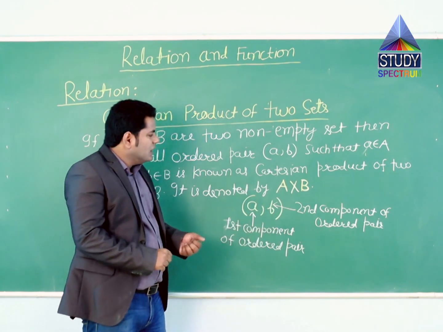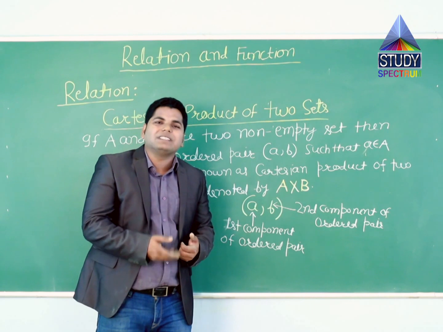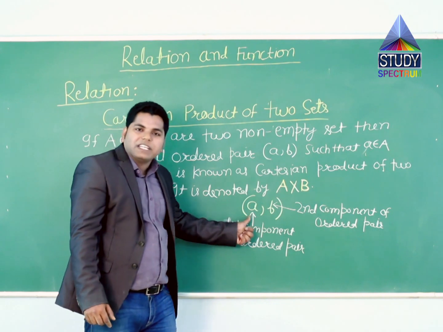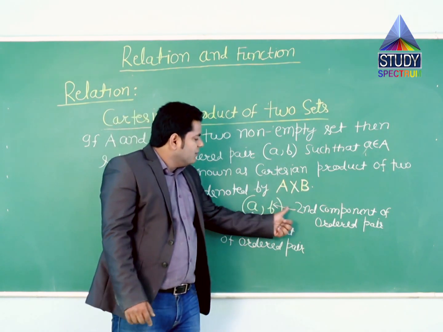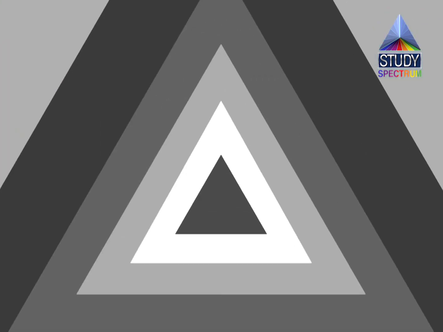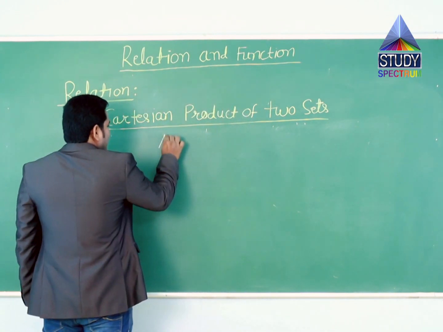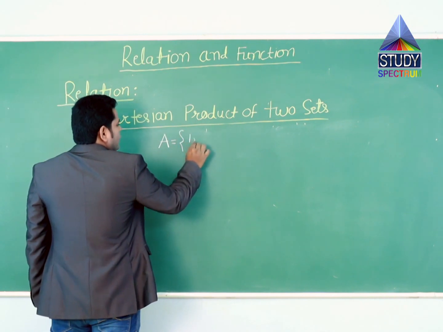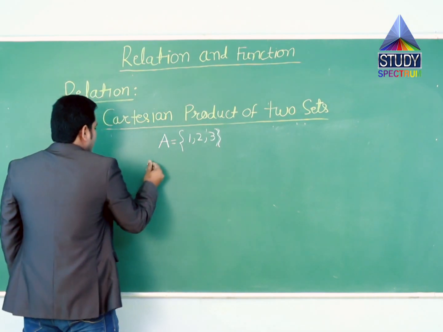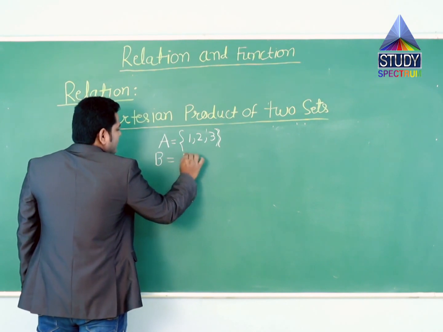Okay, so now we'll take some mathematical examples and understand what the Cartesian product of two sets is. Both sets should be non-empty, because the first component we have to take from one set and the second component from the other set. Suppose set A is {1, 2, 3} and set B is {2, 3}.